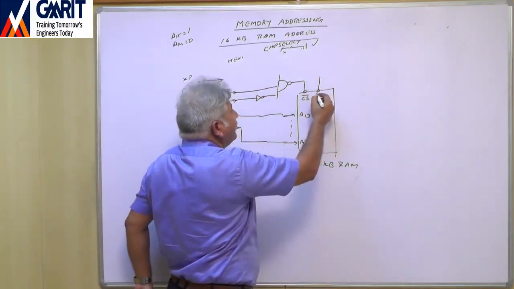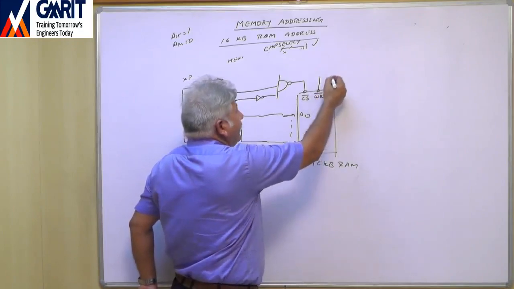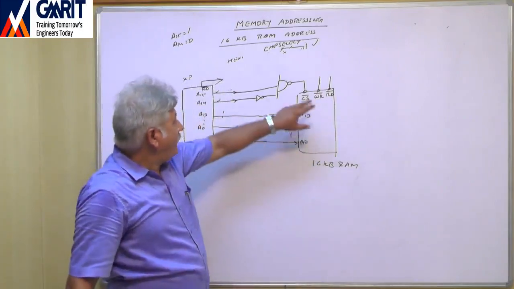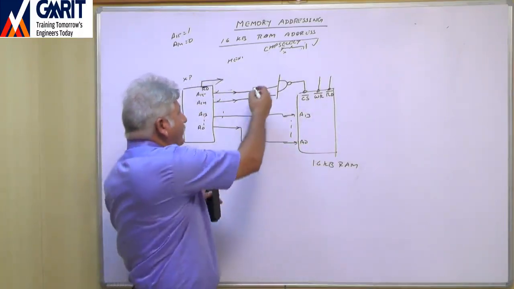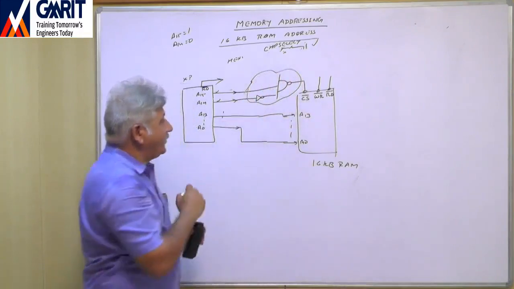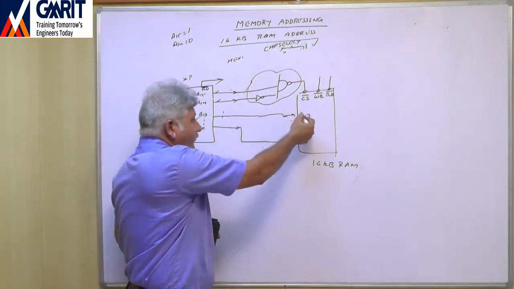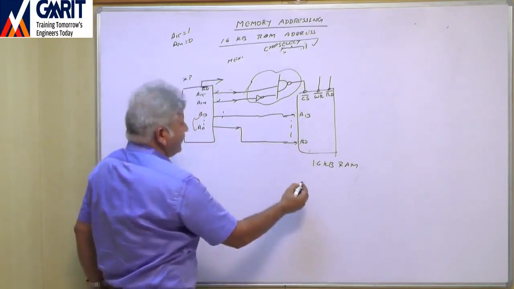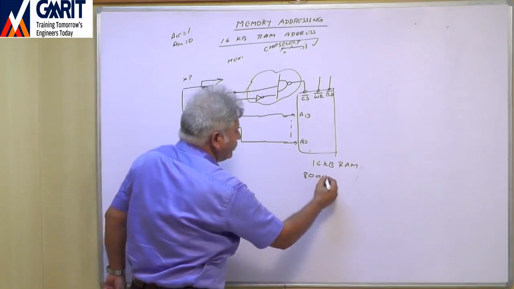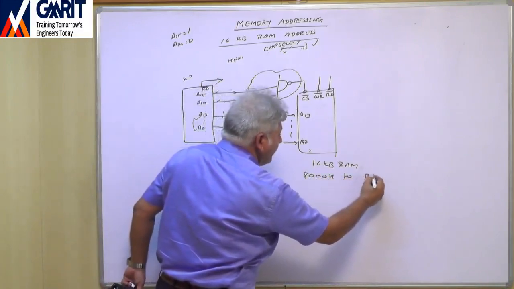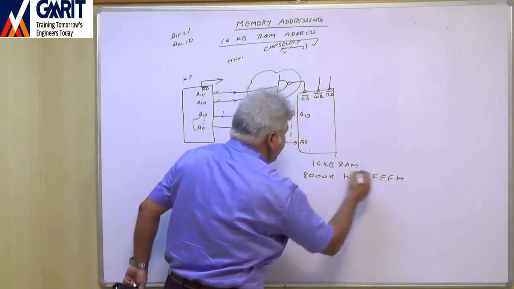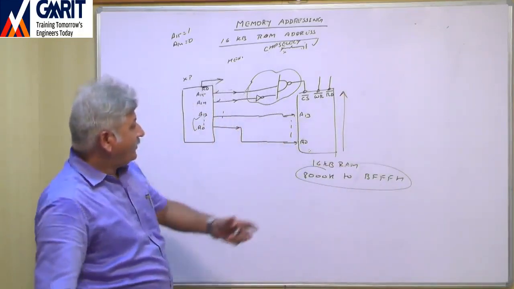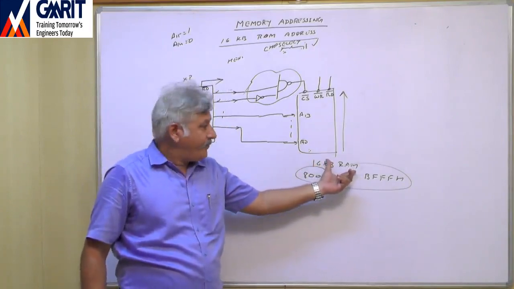And there is a write bar and there is a read bar. Right? So if we connect in this way, this is our decoder circuit. If we connect the decoder circuit in this way and A0 to A13 are connected here, then the memory map, the addresses of this will become 8000H to BFFFH. These will be the addresses of all the locations of this 16 KB RAM. Okay.